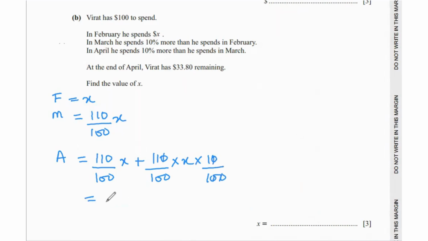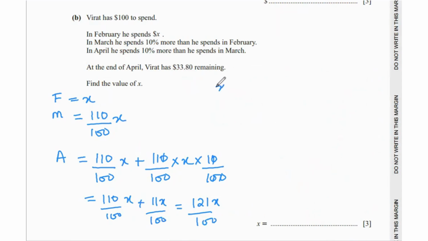That's going to be 110 over 100x, 11x over 10, plus 11x over 100, which is 121x over 100.